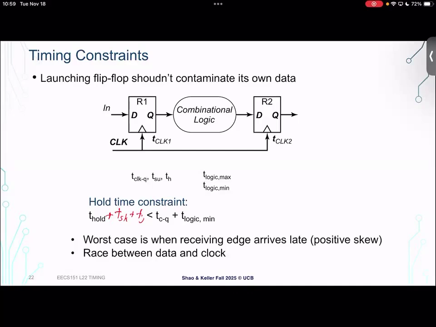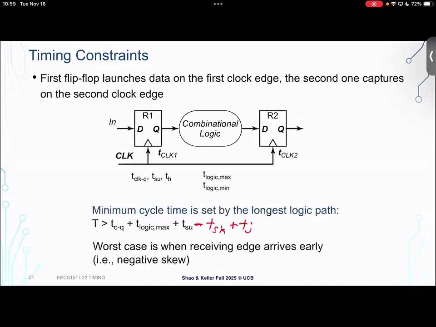Okay, any questions on non-ideal clocks? Yes. Sure, sorry. All right. Oh, one more question?